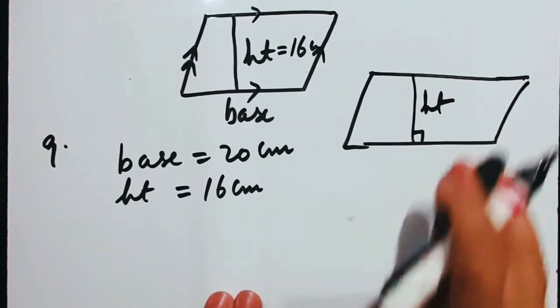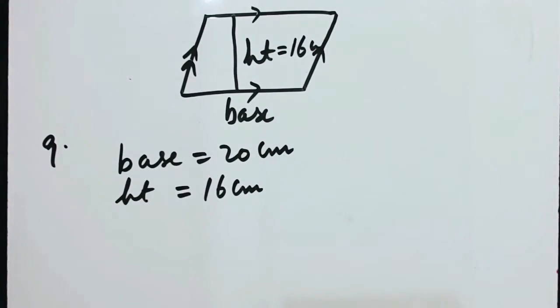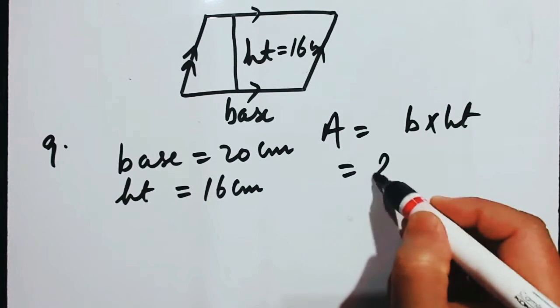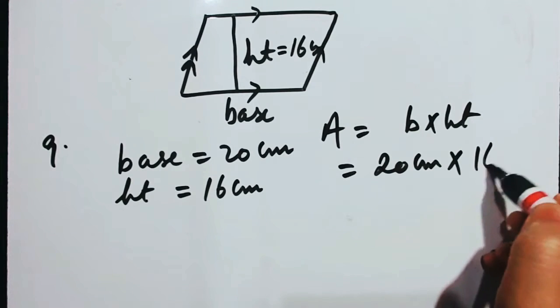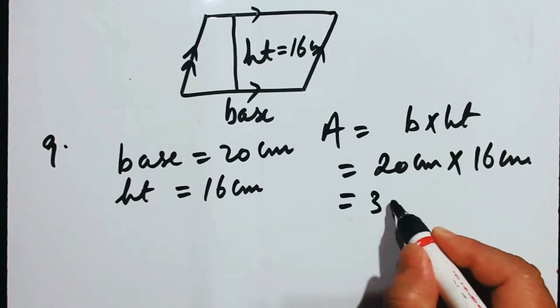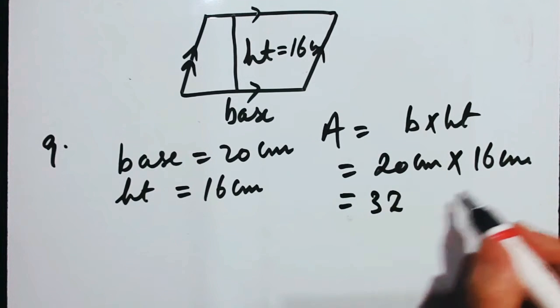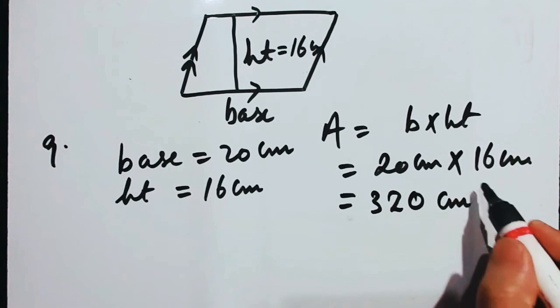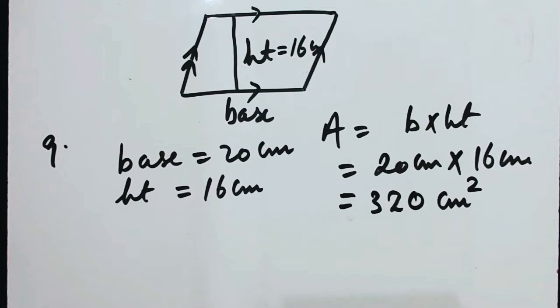So once again, the area is equal to base into height. 20 centimeter into 16 centimeter is equal to how much? 16 twos are 32, so 320 centimeter. Please do not forget to put the square, because centimeter multiplied by centimeter is equal to centimeter square.